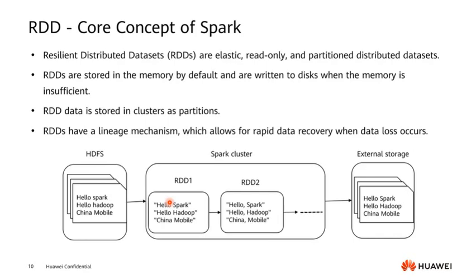For example, there are two RDDs, RDD1 and RDD2. If RDD2 is lost, we can find RDD1, which is the parent RDD of RDD2, and re-run the method to generate RDD2. Does that make sense? We call it the lineage of RDD. And this feature also ensures the high stability of Spark.